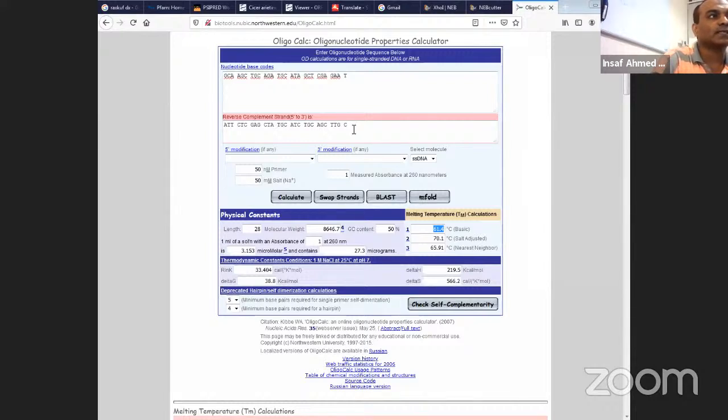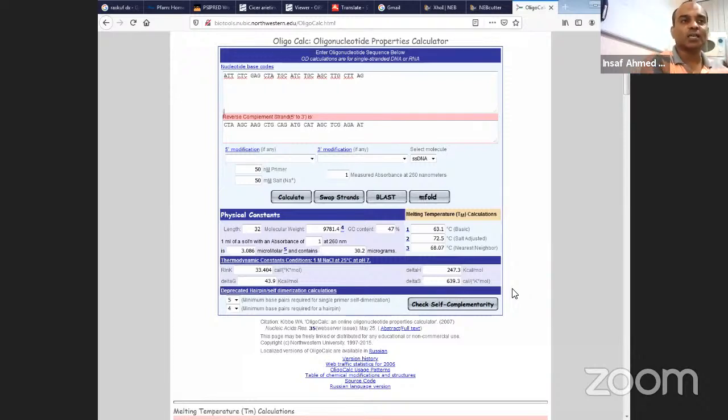So let's copy again in this. I have calculated, and if you see, now it has reached 63.1. But your forward primer is 59 and the reverse is 63, so it is still in the range of 5 degrees centigrade.